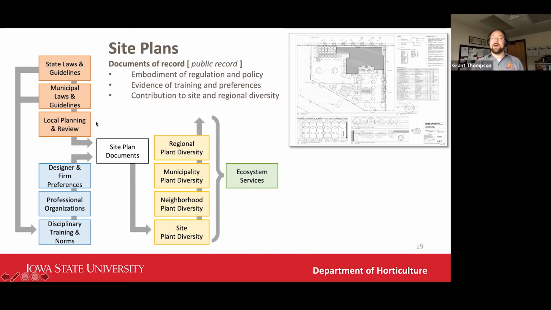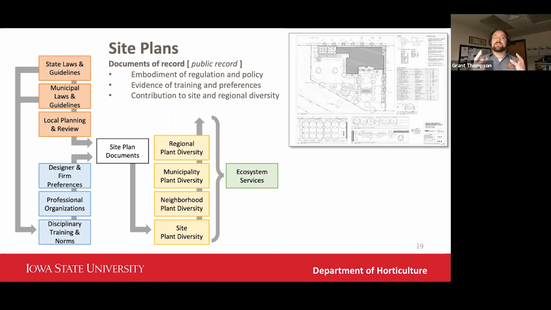This could be maybe the tree list that a particular city forester might like. And the state laws, as I mentioned, can dictate which consultants can do the work. So what is their disciplinary training? What do their professional organizations or industry organizations, what are they advocating to their people? And then finally, to the individual designer or firm plant preferences.